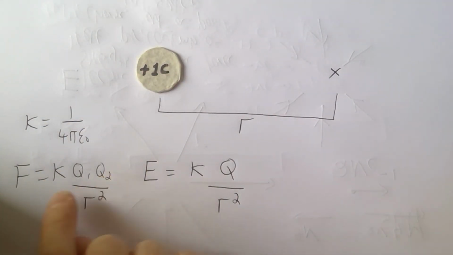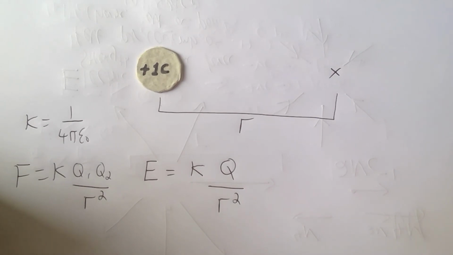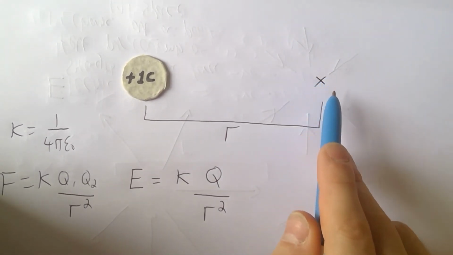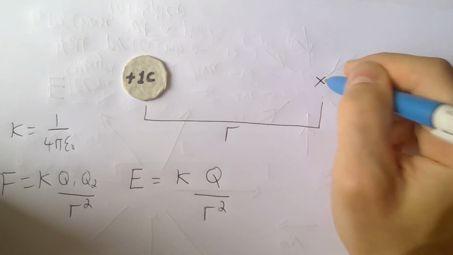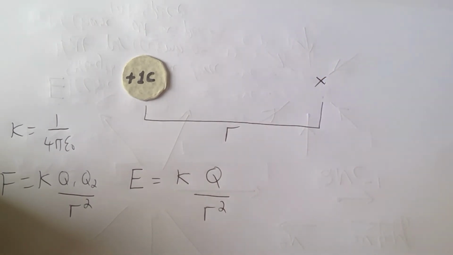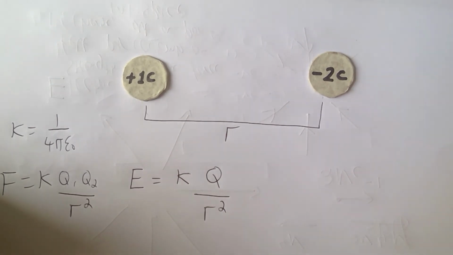All you do is divide the force by our charge and you'll get your field strength at that point in space. Whereas I think it's actually better to think of it the other way round. If I know my field strength here, all you have to do is multiply the electric field at that point in space by the charge you put there, and you will work out the force that this charge feels.